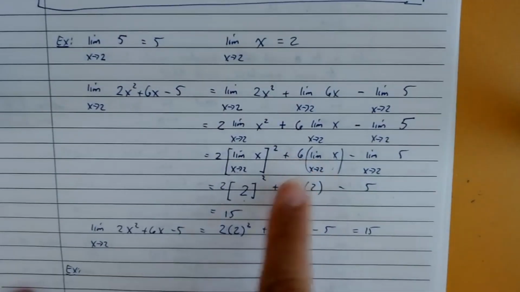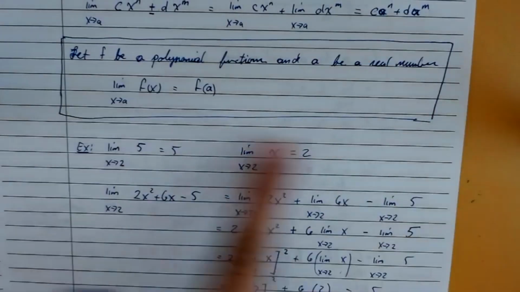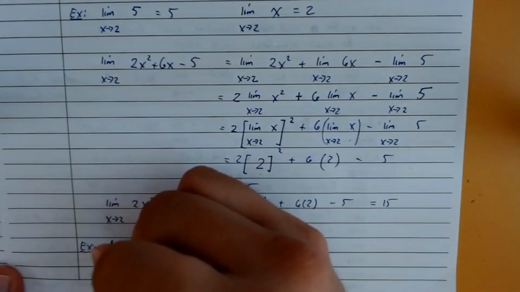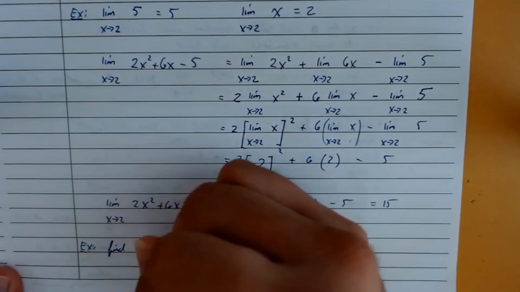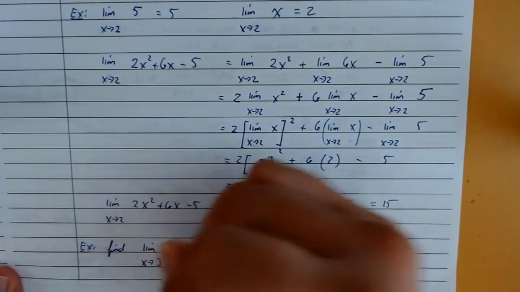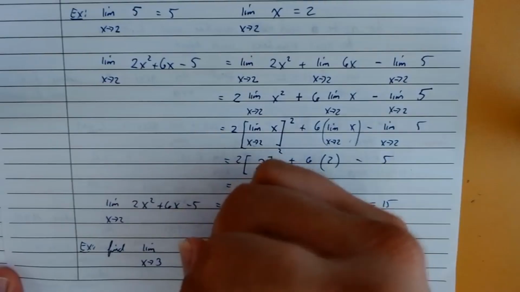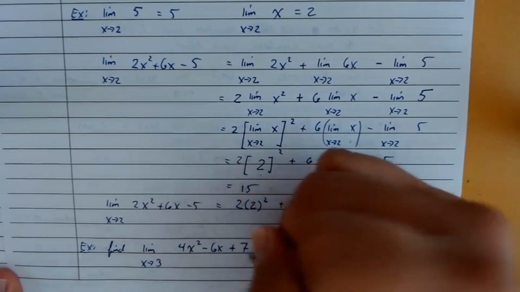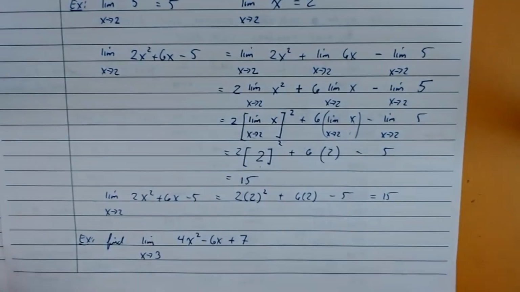In fact, I would discourage you from using the long way. I would encourage you to use this shorter property. Go ahead and find the limit as x approaches 3 of 4x squared minus 6x plus 7. Go ahead and pause the video, give yourself the time you need, and once you're done, unpause and we go through it together.